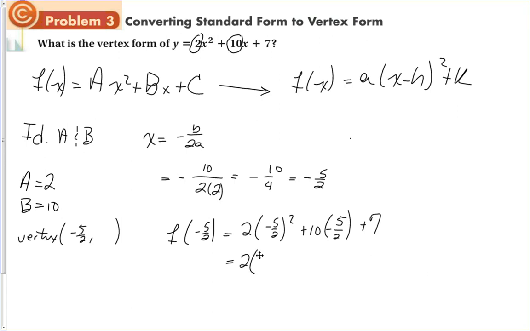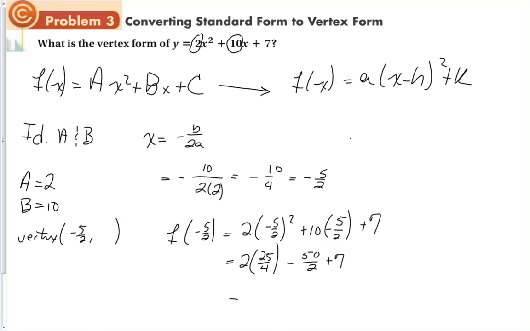So this is going to be 2 times 25 over 4 plus, now when you multiply a whole number by a fraction, you just multiply by the top. So it's going to be 10 times 5, which is 50. And since this is negative, it's going to be minus 50 over 2, and then plus 7.